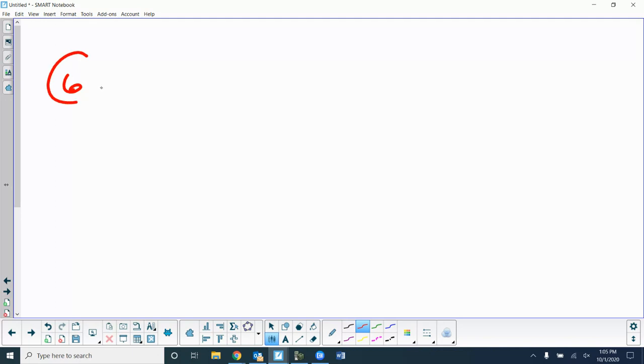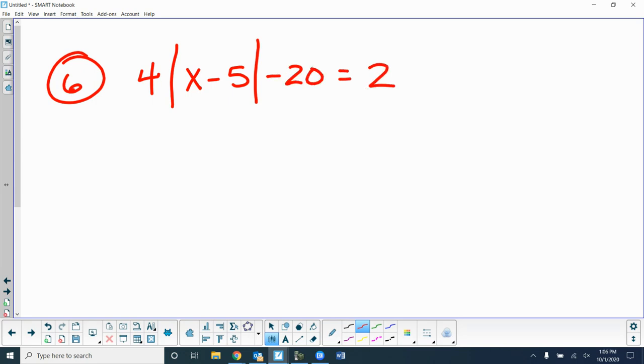Number 6. This has some stuff outside of the absolute value symbols. So that stuff I got to take to the other side first. Don't distribute the 4. Okay? Just add 20.